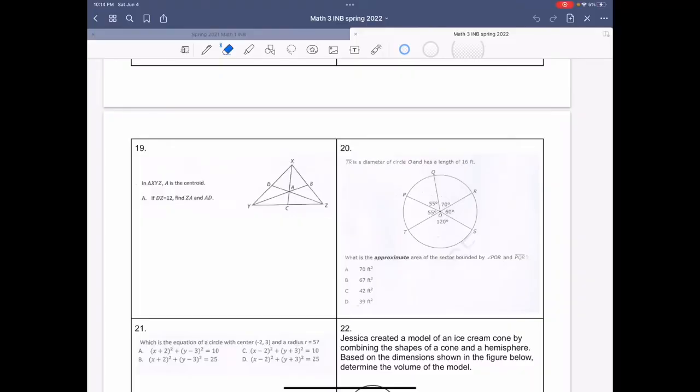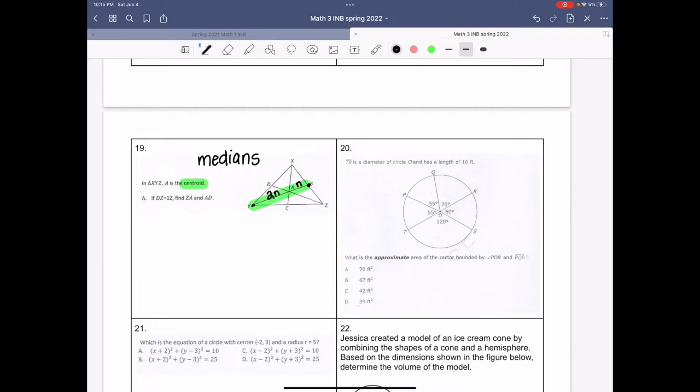All right, for number 19, this problem says that you have a triangle XYZ, and A is the centroid. So remember, the centroid has medians, and if I have a median, that means that it goes from the middle to the angle. So in this situation, we know that if I have a median, this section right here, let's say this is n, then the other section of it is double that, which is 2n.